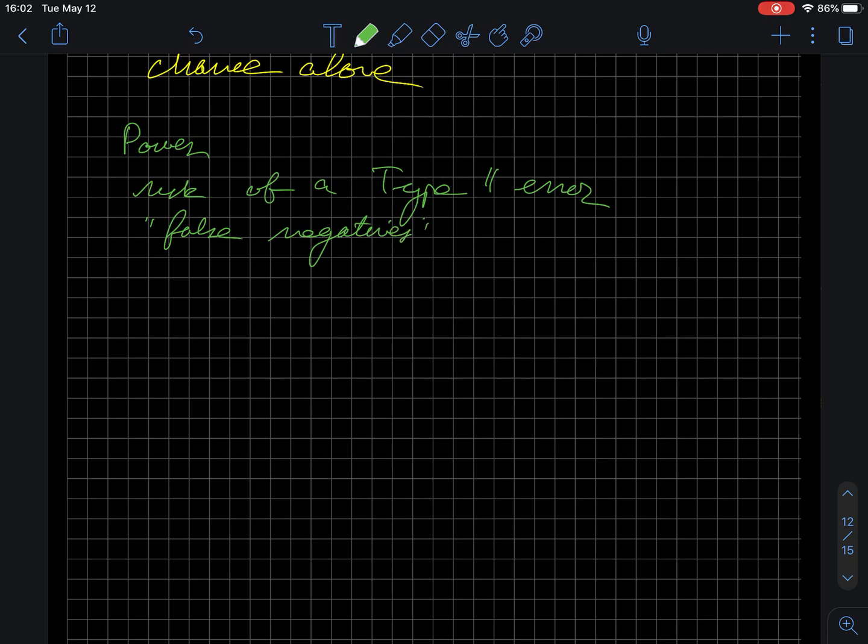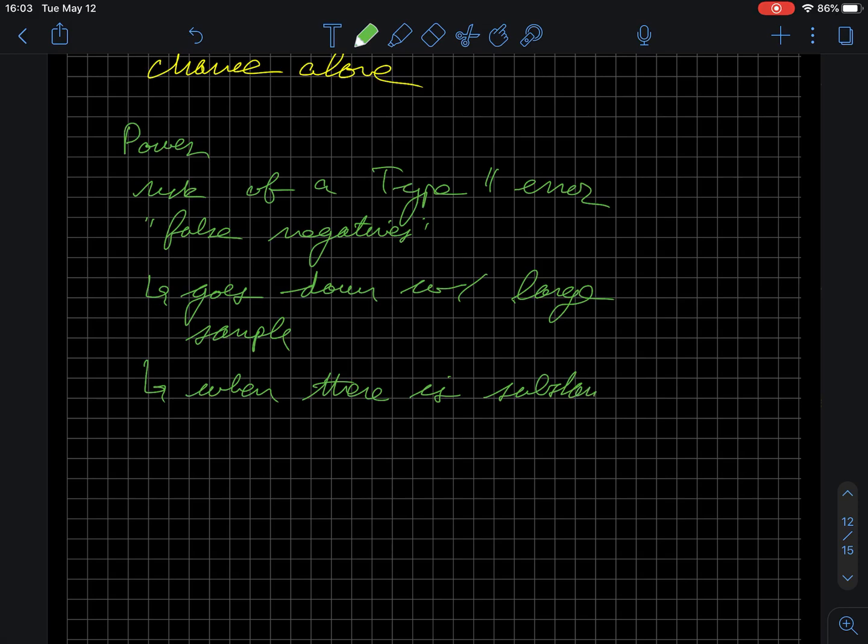The risk of this goes down with a large sample, and also goes down when there is a substantive difference between a null value and an alternative hypothesis value.